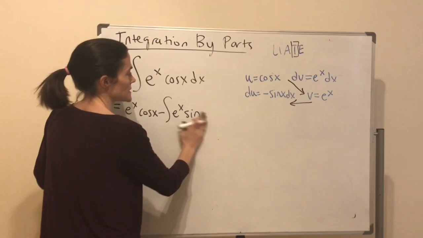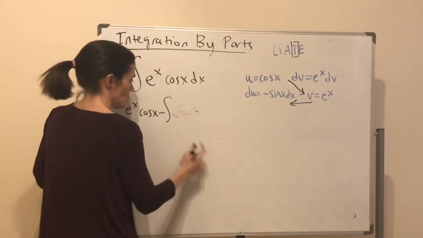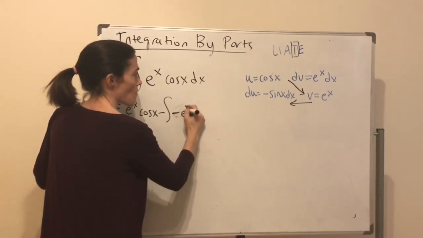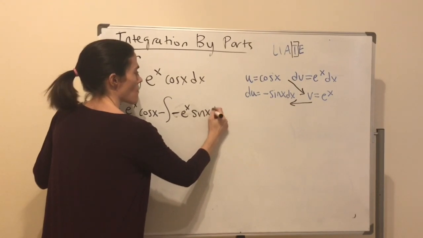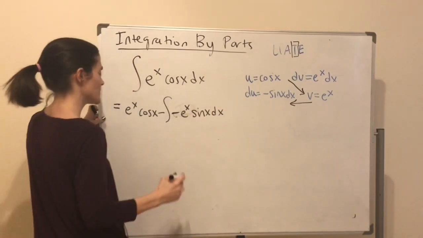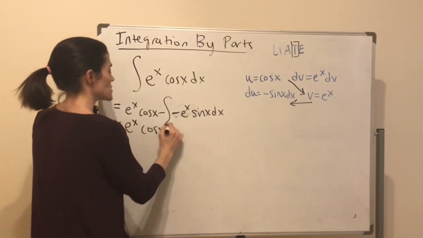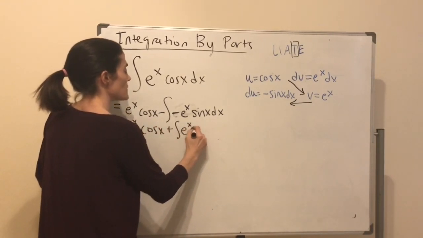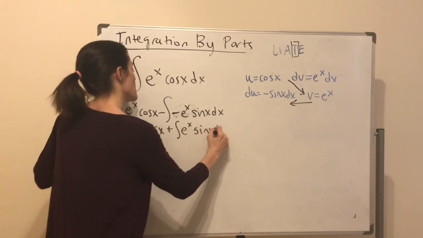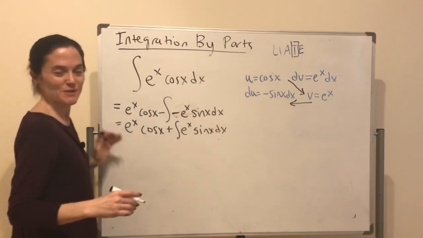Oh, but there's a minus. Maybe I will take the step and just turn this into a plus, just to make my life easier for the moment, although I don't have to. I could have worked with two minus signs.